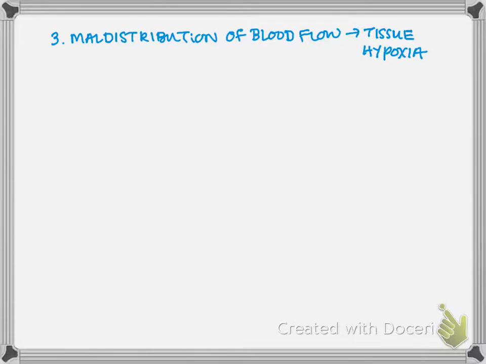With septic shock, if we have this maldistribution of blood flow away from the GI, what do our bowel sounds sound like? Decreased, which puts us at risk for paralytic ileus, for peptic ulcers.